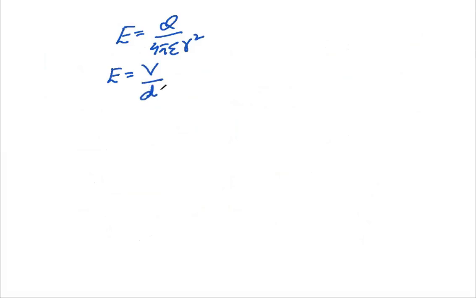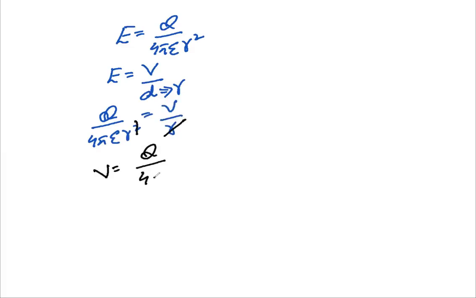In terms of R, let's say this D is also equal to R. Okay, D or R, you can use R. So Q divided by 4 pi epsilon r square will be equal to V divided by R. So this R will cancel with the square. So your V will be equal to Q divided by 4 pi epsilon R.